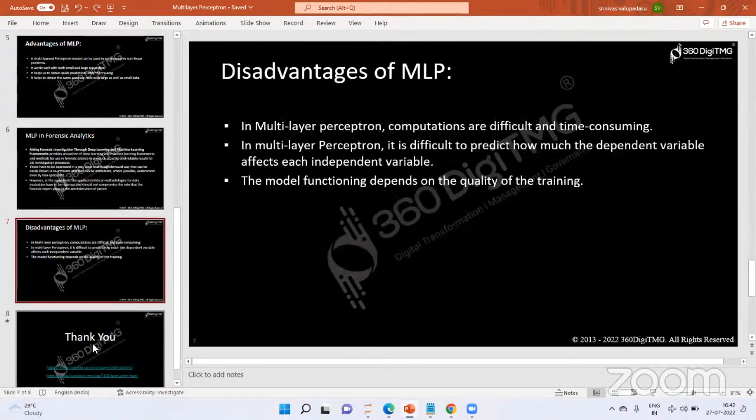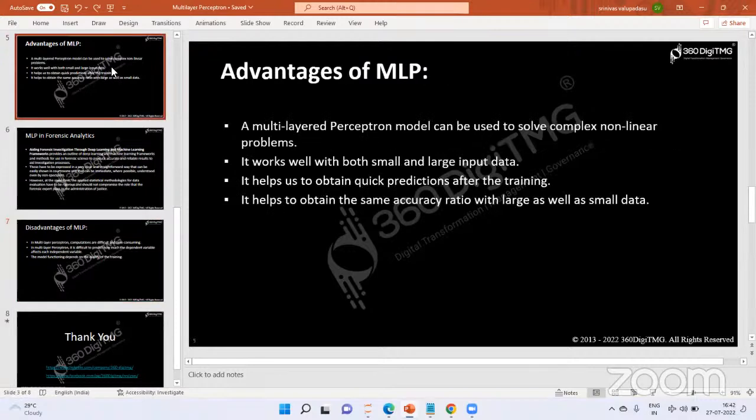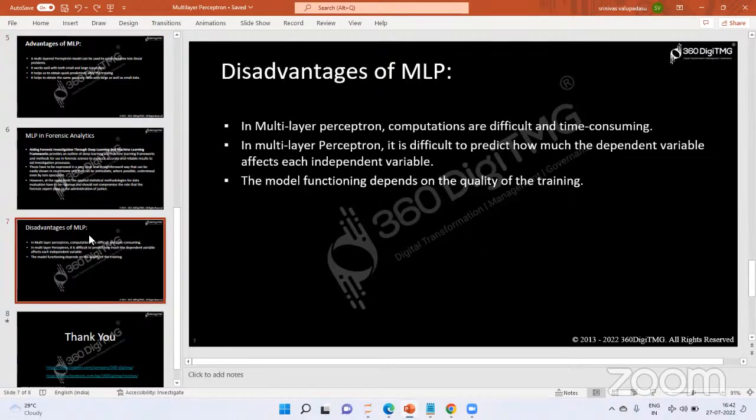As with any good thing, there will be some advantages and disadvantages. First I will talk about the advantages: for both small and large input data, quick predictions after the training. And we have some disadvantages. Computations are difficult and time consuming.